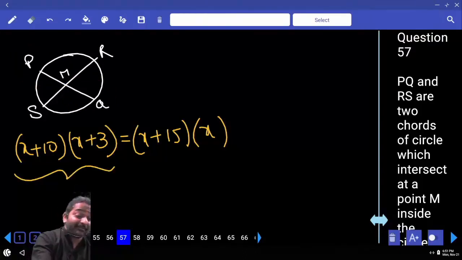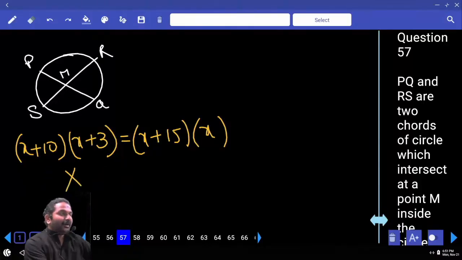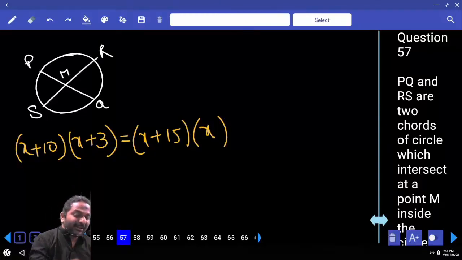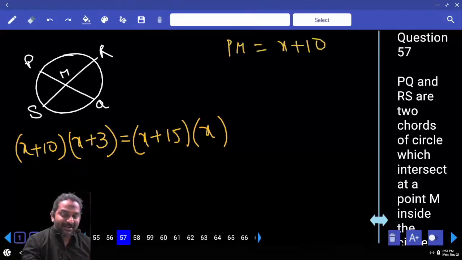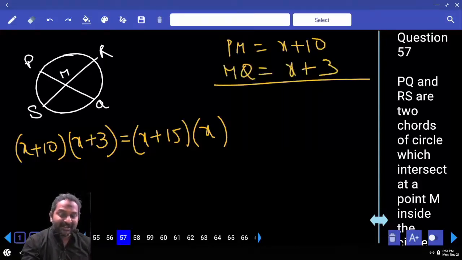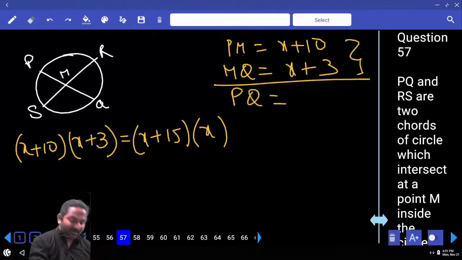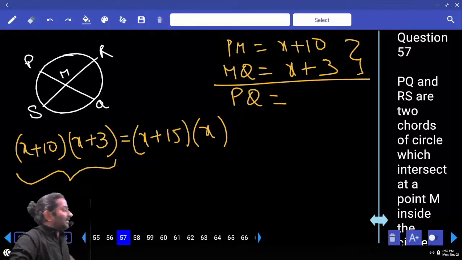But here we have multiplication. Once after solving this, to calculate PM, it is X plus 10, MQ is equal to X plus 3, then PQ is equal to sum of both the values, correct? That's what I am telling you. Here it was multiplication. After finding X value, we have to calculate sum.